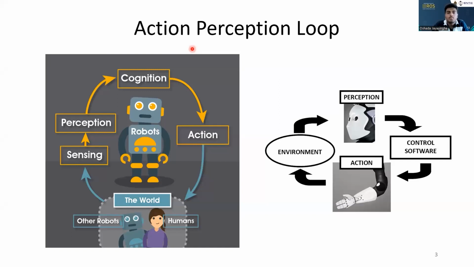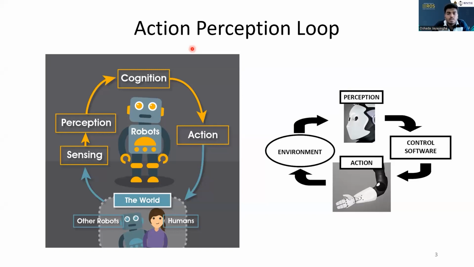And the next part would be the cognition or the thinking part. All robots have some kind of processor to decide, based on the sensor input, its best course of action. And then, using its actuators, it will follow that.